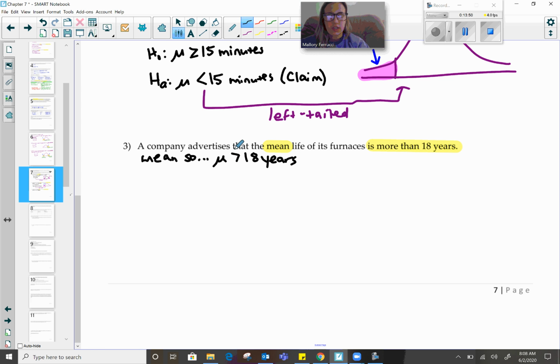So if it's just greater than, that's the alternative hypothesis. And then the null hypothesis is the opposite of greater than, so it's less than or equal to.